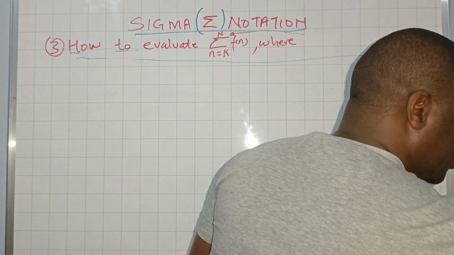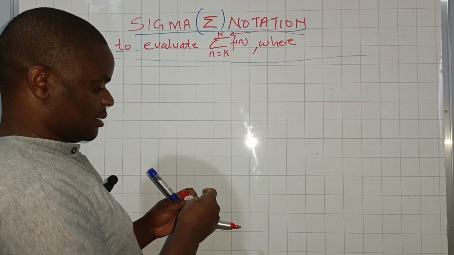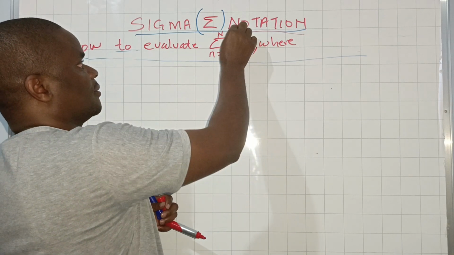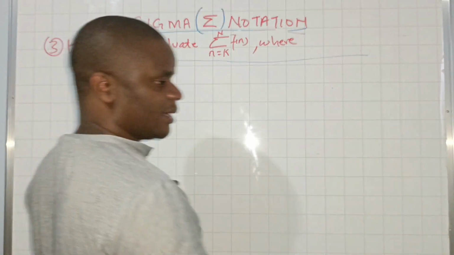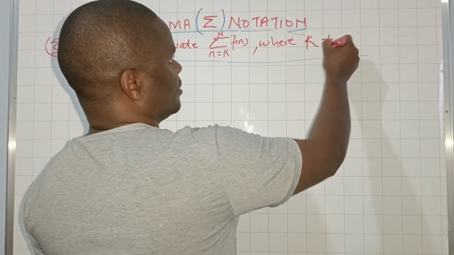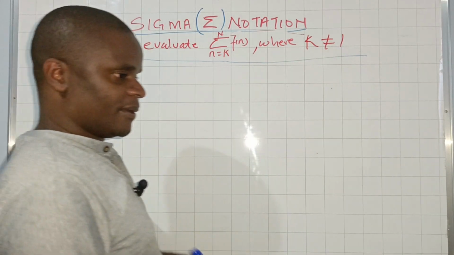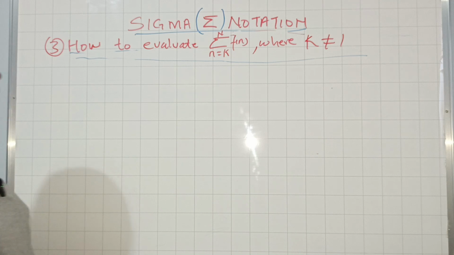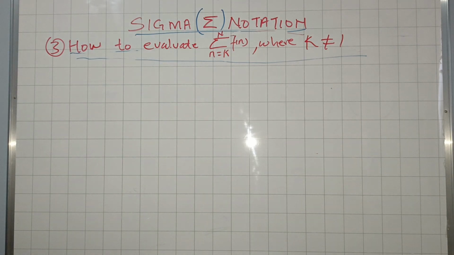We are starting from k, so we are not starting from 1, where this k is not equal to 1. I'd like us to see what we can do over there.